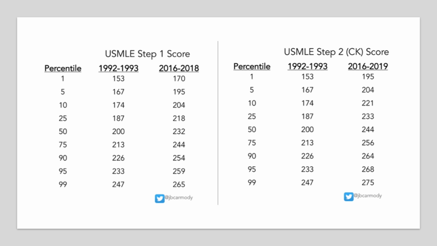These days, you get a 233, you're barely above the mean. And like I said, for Step 2, the rise has been even more dramatic. From the mean of 200, we now have a mean for US test takers who are taking the test for the first time. We now have a mean of 244. The 99th percentile is now above 270.